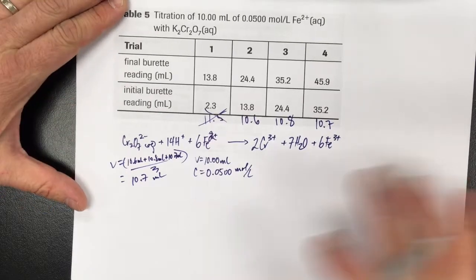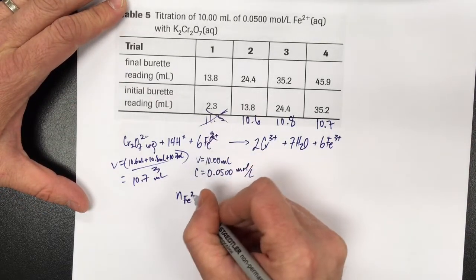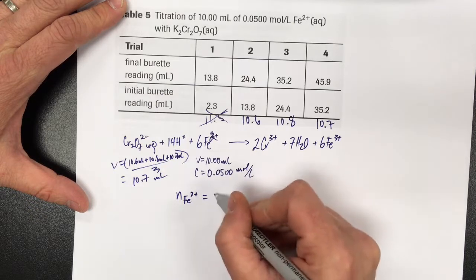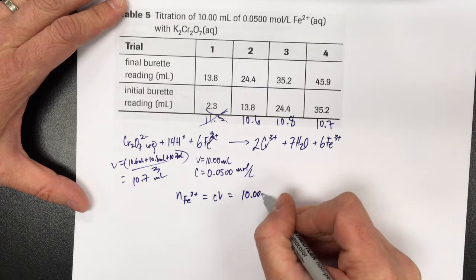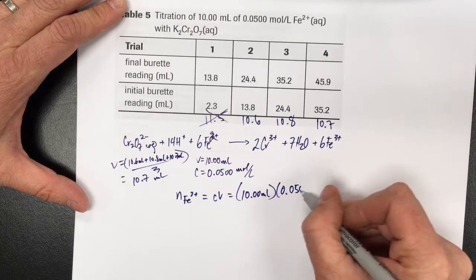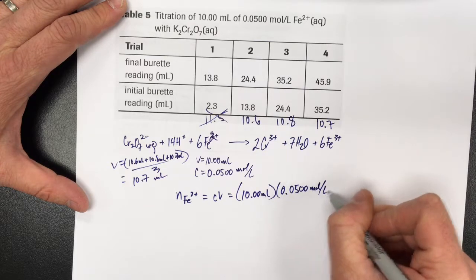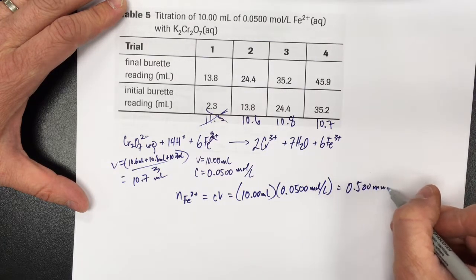Now we're just into a straight titration. So I can find the number of moles of iron 2 ion that are reacting, because the number of moles is C times V, so it's going to be 10.00 milliliters times 0.0500 mole per liter, so it's going to give me 0.500 millimole.